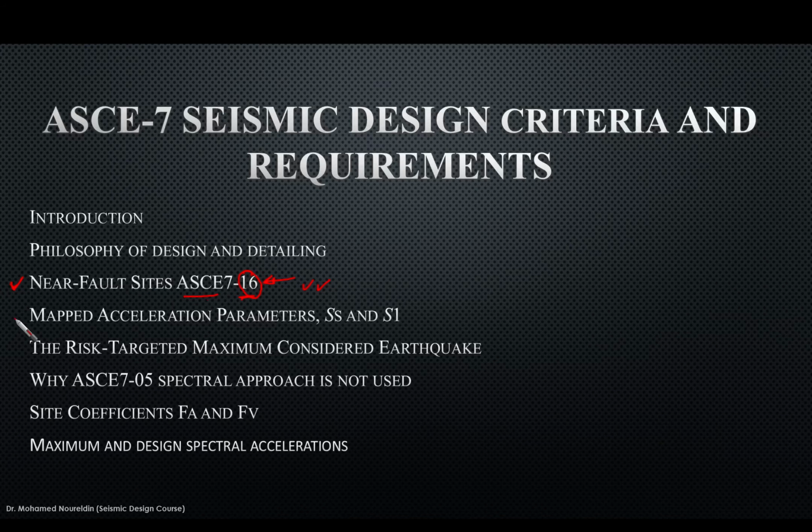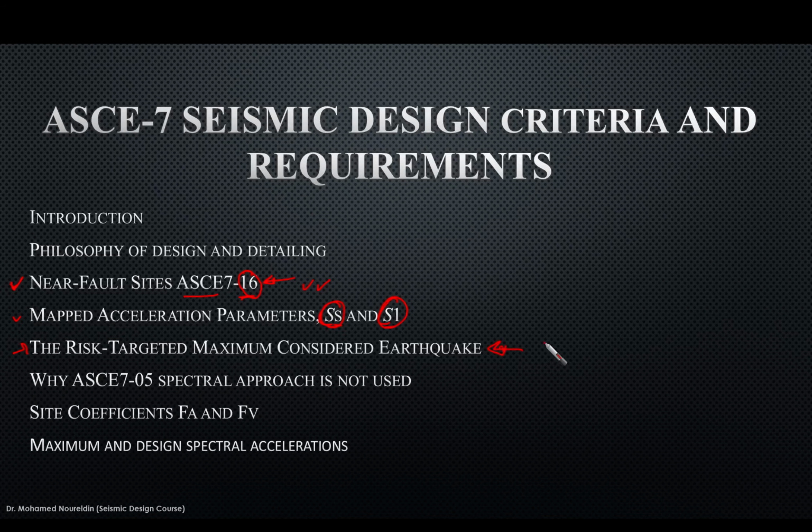After that, I'm going to talk about the mapped acceleration parameters, which is S sub S and S sub 1: short period spectral acceleration, and spectral acceleration at 1 second. After that, I'm going to talk about the risk targeted maximum considered earthquake, which is something new.